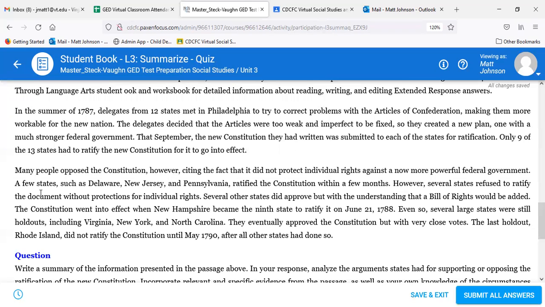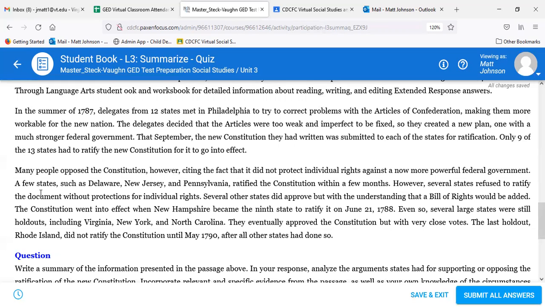We could say a few states ratified, and then other states opposed. And then that specific detail, why they opposed it, right? Which would be lack of protection for individual rights. Okay.